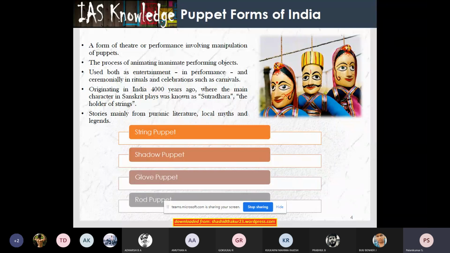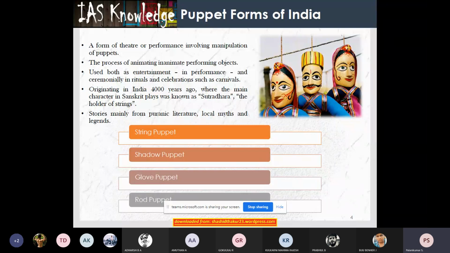So how did it happen? If anybody does the research, they may identify that this type of puppet form, especially using string or shadow, was how they performed, and they were able to communicate complete messages, traits, qualities and histories.